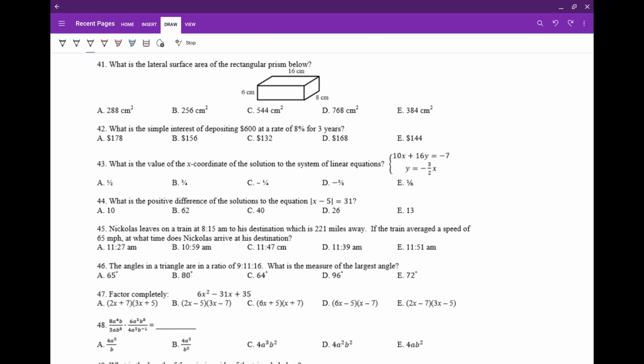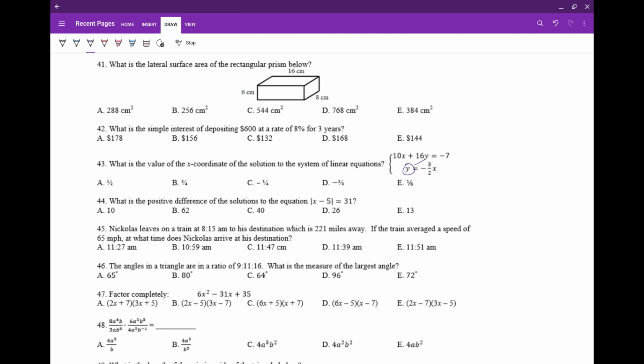Because y is equal to -3/2 x, that means we can substitute that in to any value of y. And in a system of equations, our goal is to get rid of one of the variables. So we have one variable to solve in one equation, and then we plug that variable back in to solve for the other variable.